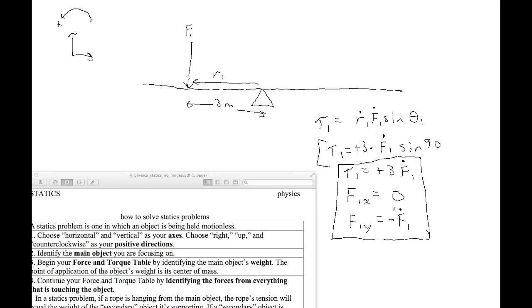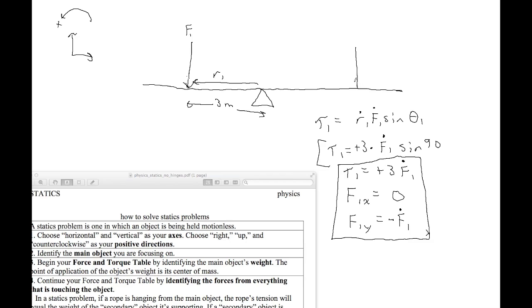They all have separate signs. It's conventional to choose counterclockwise as the positive direction for torque, but up is the conventional positive direction for the y component. So it's really important to put in this negative sign. So this is what we would generally write for those. Good, that would be right.